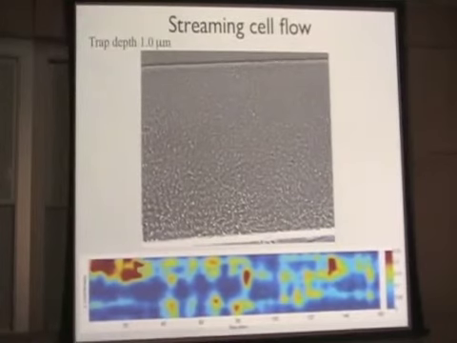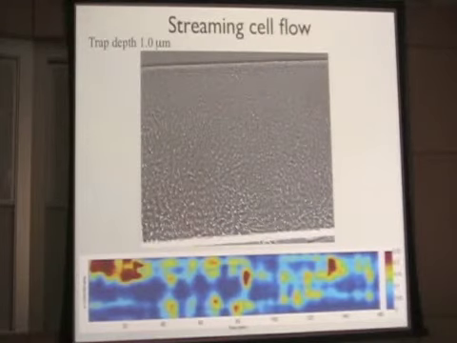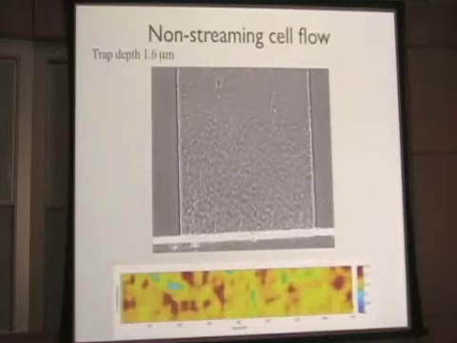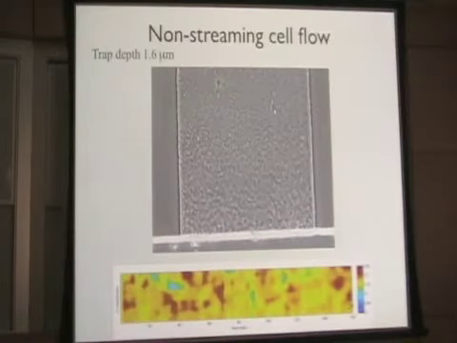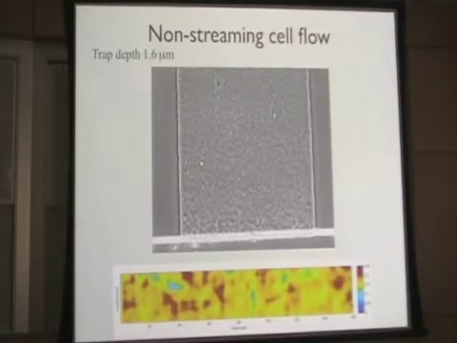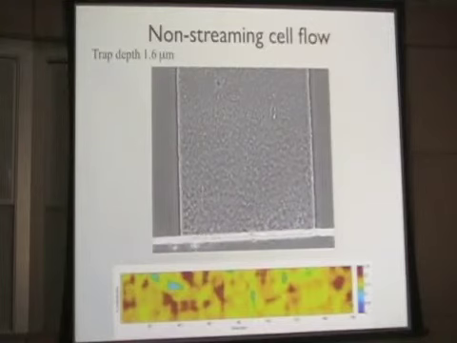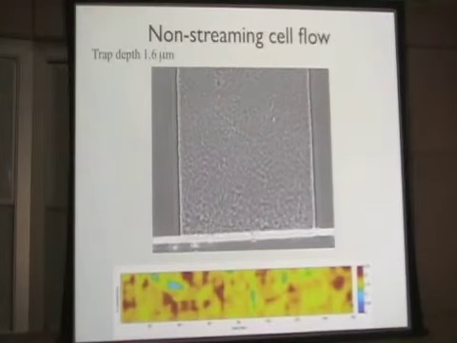And then what you notice here is that the cells in this part are much smaller than here, and that is very important for the mechanism which I'm trying to put forth. This is an example of a trap which is somewhat deeper than the other one. The previous one was 1 micron deep, and this one is 1.6 microns deep. In this case, you can see that it's much more uniform.